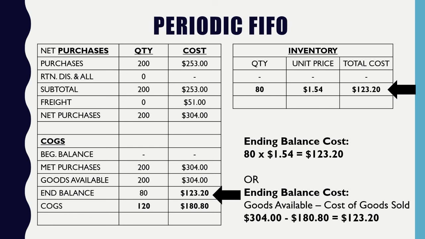So you know at the end of the day, when you have ending inventory, it's going to be from the bottom. It's going to be from the last batch that you have. So you could just take 80 and multiply it by 1.54, and you're going to get the same answer of 123.20. And then you would, vice versa, be able to solve for cost of goods sold there.